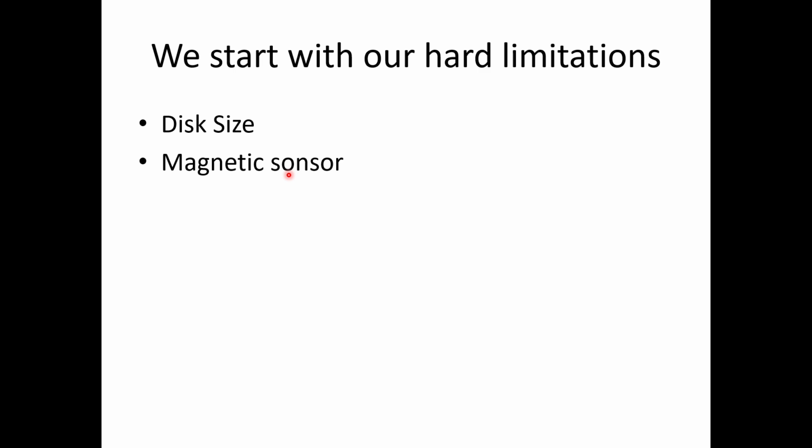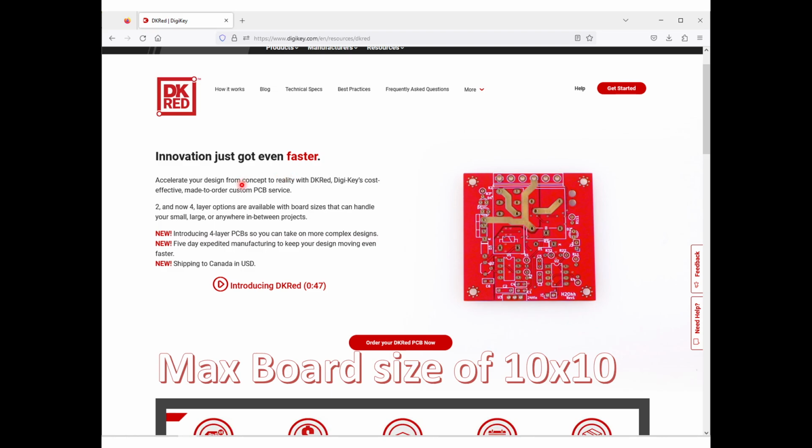If we make a disc, we'll most likely make it from a printed circuit board, using the cheap DigiKey Red thing, and their max board size is 10 by 10. So the biggest wheel we're going to get is 10 inches in diameter, which is probably among the bigger sizes you'll get from most houses anyway. They're cheap and fast, for 2 and 4 layer printed circuit boards. So that's one hard limitation, the size of the disc.